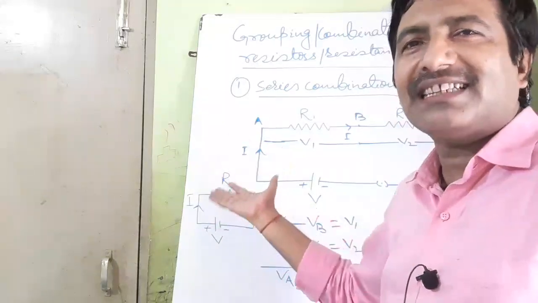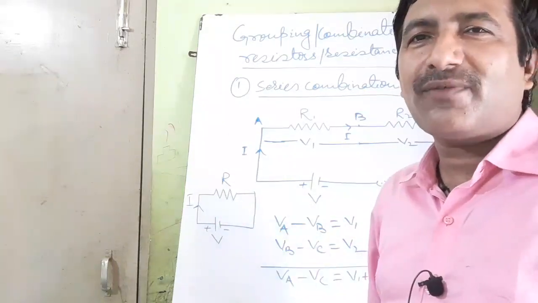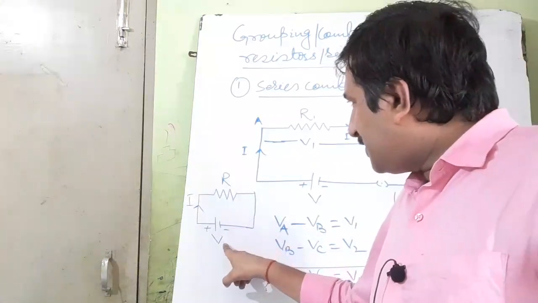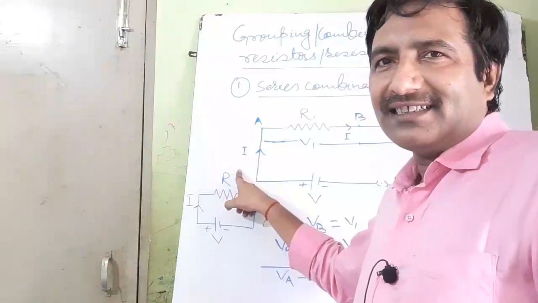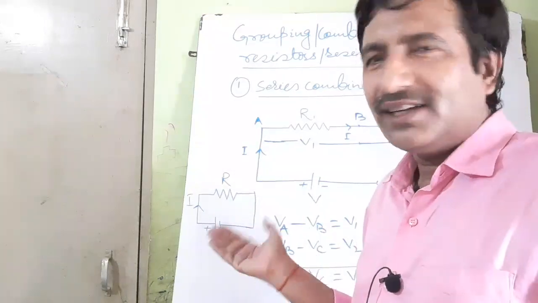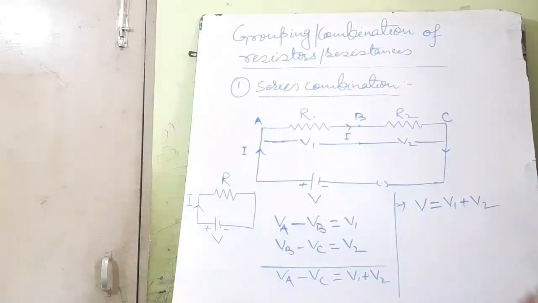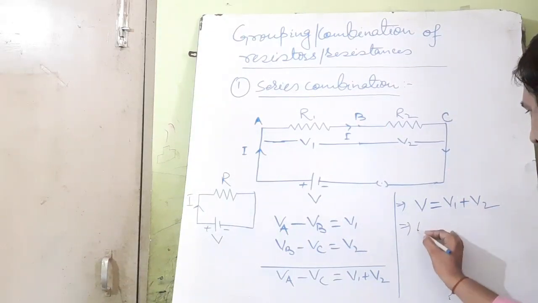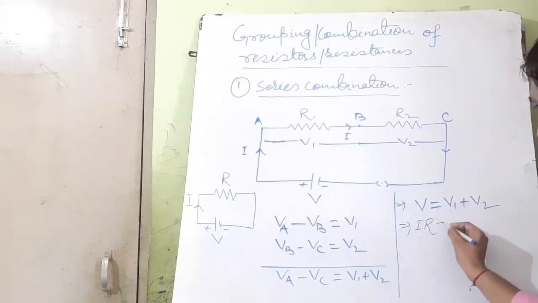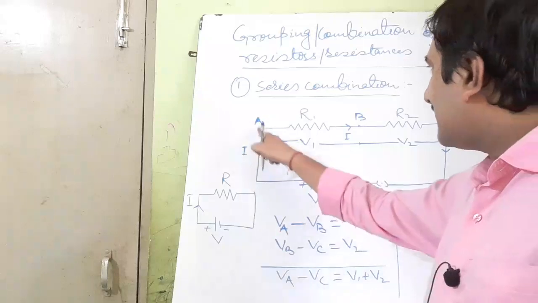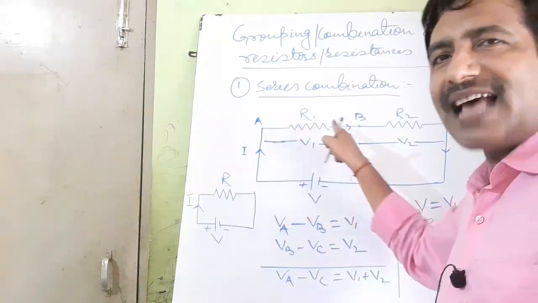Now I will find the value of R in terms of R1 and R2. Okay? From here, V, I and R. If you will apply Ohm's law, you will get V is equal to IR. You see here, you have V is equal to V1 plus V2. You put V is equal to IR. This is equal to V1, current I, resistance R1.